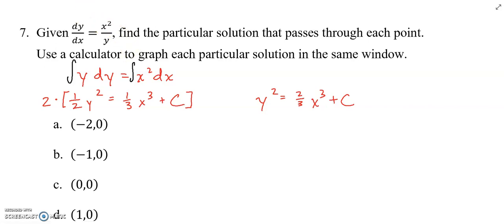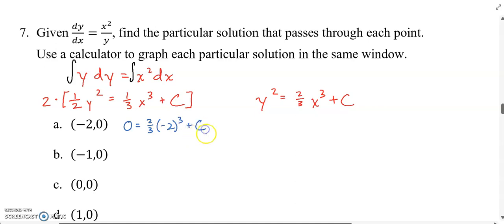So for each of these initial conditions, I'm going to solve for a new c value. For the initial condition (-2, 0), we're going to let y equal 0. And we're going to get 0 equals 2/3 times -2 cubed plus c.